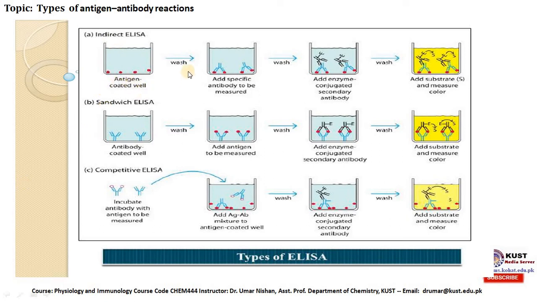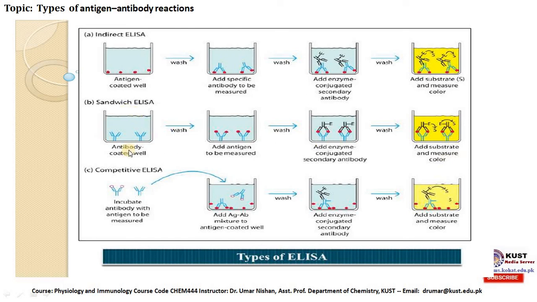Antigen coated well, then wash, add specific antibody to be measured, add enzyme conjugated secondary antibody, and then wash, add substrate and measure color. So this is the example of indirect ELISA. Sandwich ELISA: antibody coated well, wash, add antigen to be measured, wash, add enzyme conjugated secondary antibody, wash, add substrate and measure color.